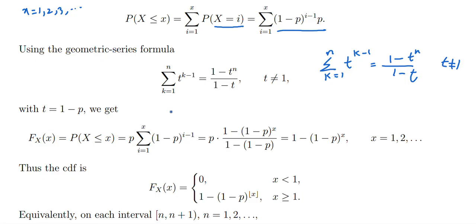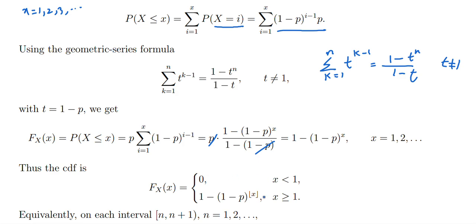So using that formula, you just take p outside, and this is t to the power i minus 1, and this will be p times (1 minus (1 minus p) to the power x) over (1 minus (1 minus p)). So p gets cancelled with p, and we will have 1 minus (1 minus p) to the power x.